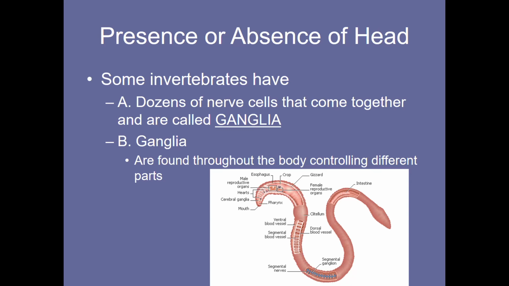And the ganglia are found throughout the body controlling different parts. So down here you have the cerebral ganglia, the segmental ganglion, and the segmental nerves.